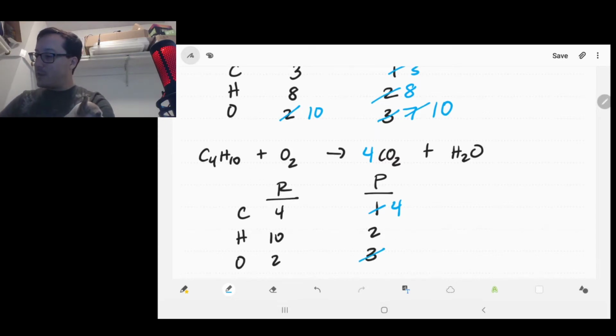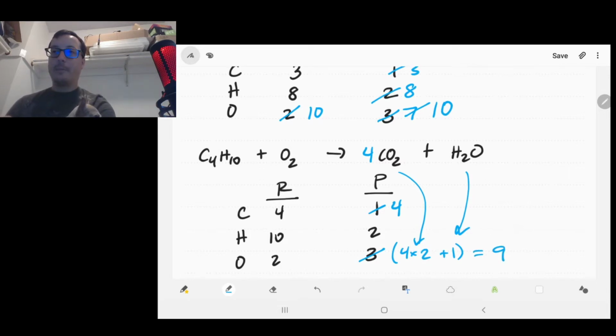I've got now 4 times 2 plus 1 from the water. So again, 4 times 2, plus 1 from the water, and so that'll be 9 altogether that we've got for oxygen. All right, so just keeping track of things as we go.